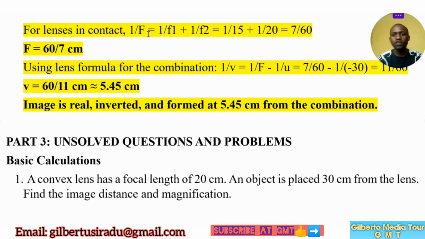When you say 1 over f, it is the total power. 1 over f1 is the power of lens 1, and 1 over f2 is the power of lens 2. So the focal length of the combined lenses equals 60 over 7 centimeters. After getting this focal length, I will use the lens equation to find the image distance.